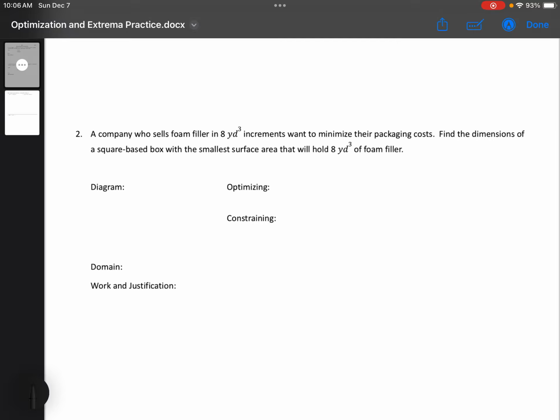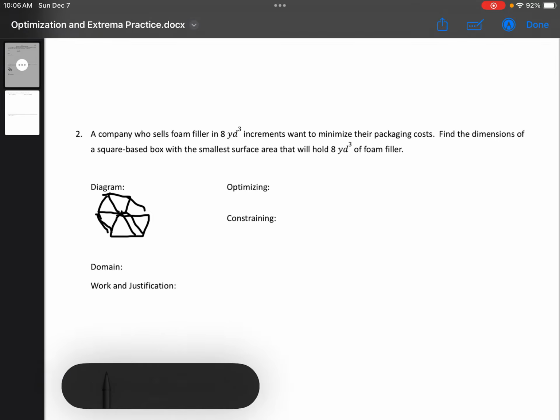So our diagram, I'm a little bad at drawing these kind of box things. You connect this. Wow, that was really bad. Okay, your diagram. Shoot. Your diagram should look something like this.